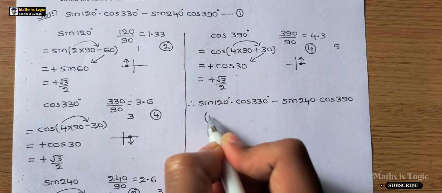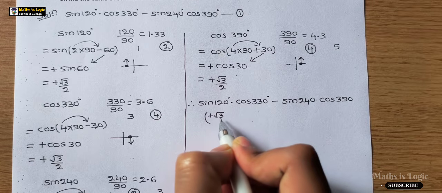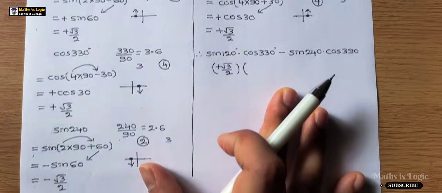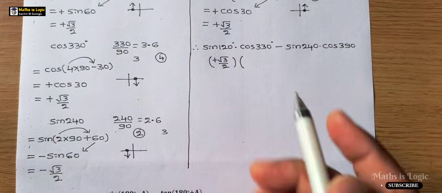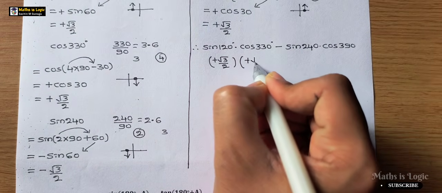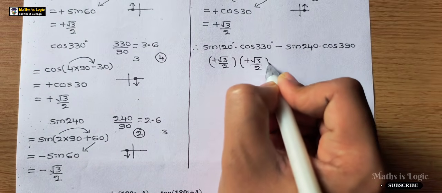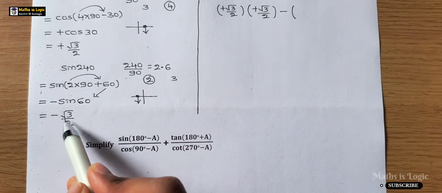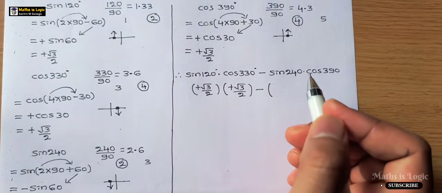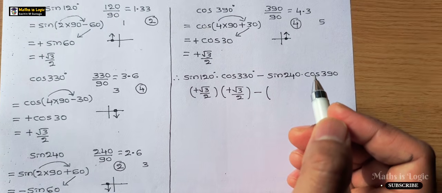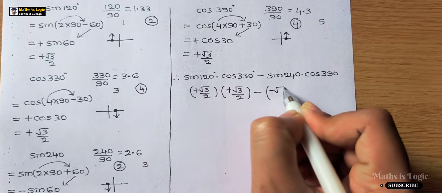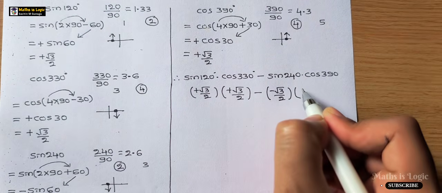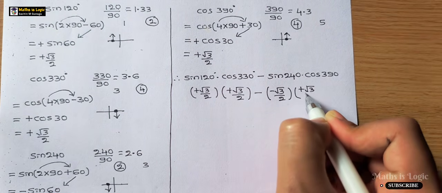Plus root 3 divided by 2 into cos 330 is plus root 3 divided by 2, minus, again in bracket, sine 240 is minus root 3 divided by 2, into the last value, plus root 3 divided by 2.